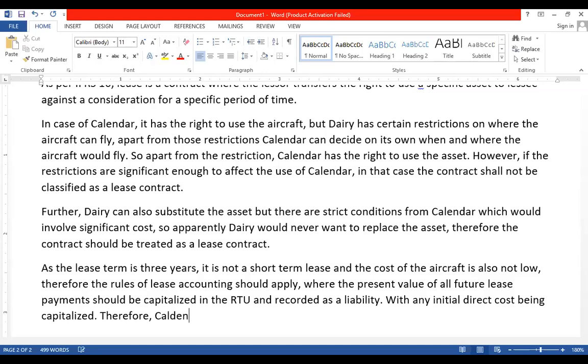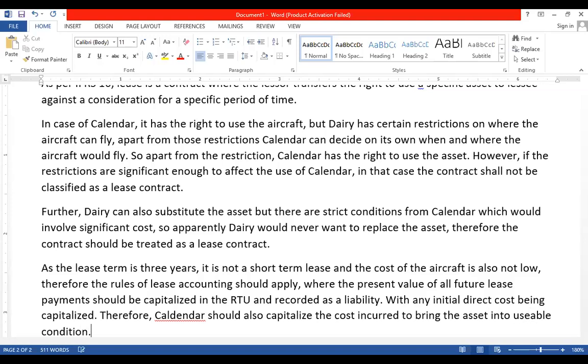Therefore, Calendar should also capitalize the cost incurred to bring the asset into usable condition.